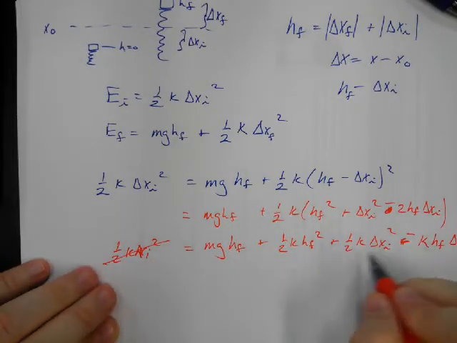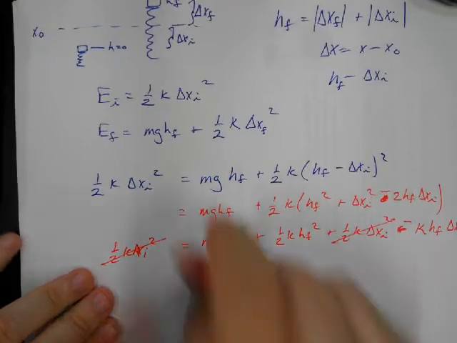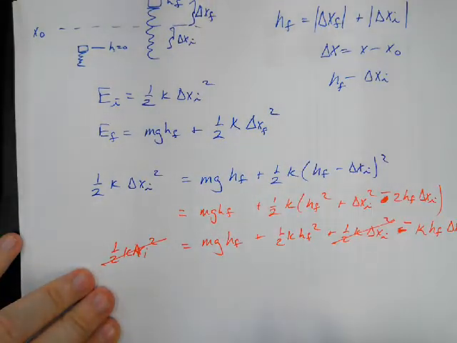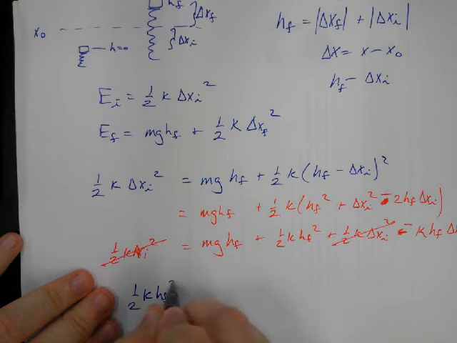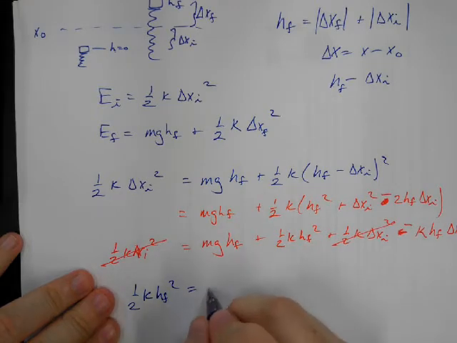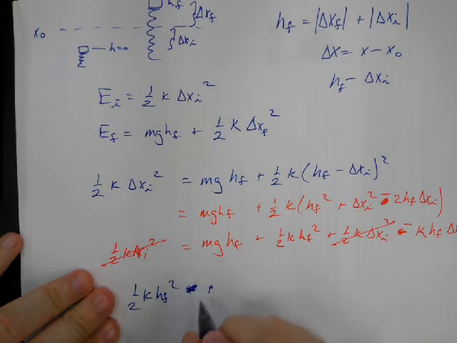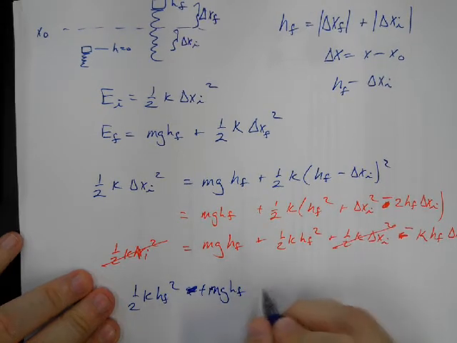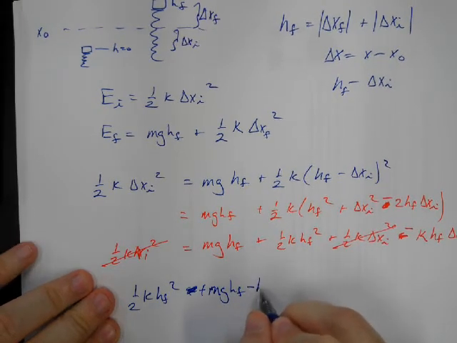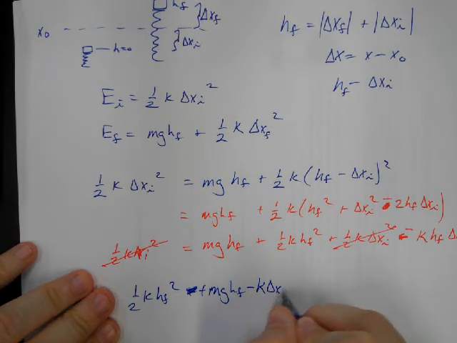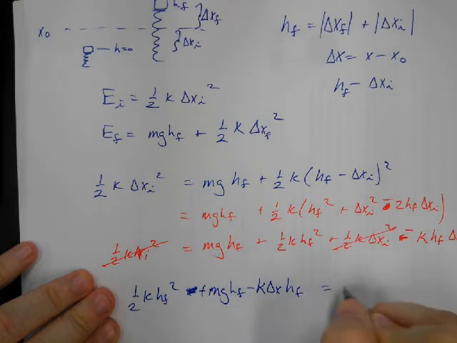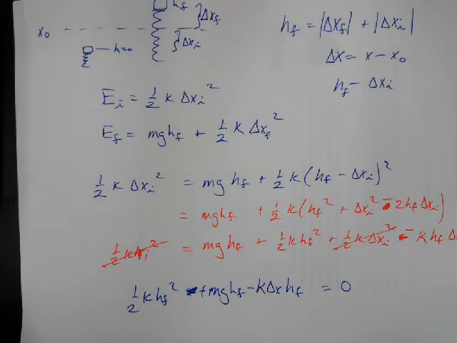They can cancel. And so now we have a quadratic equation. 1/2 k h final squared plus mg h final minus k delta x h final is 0.